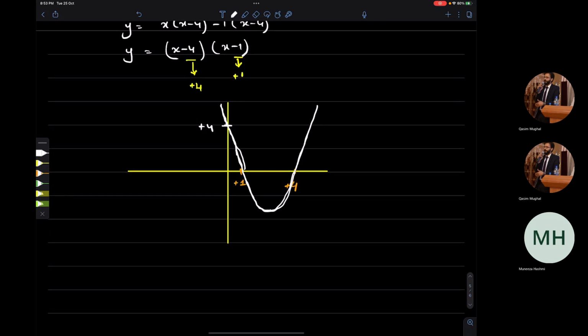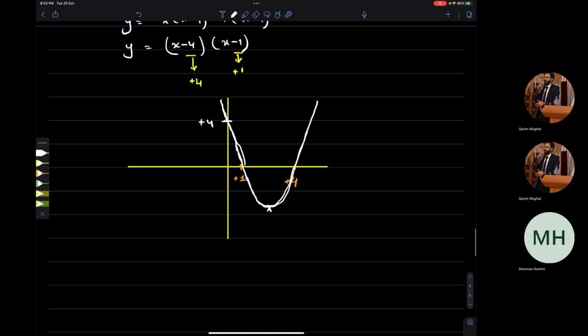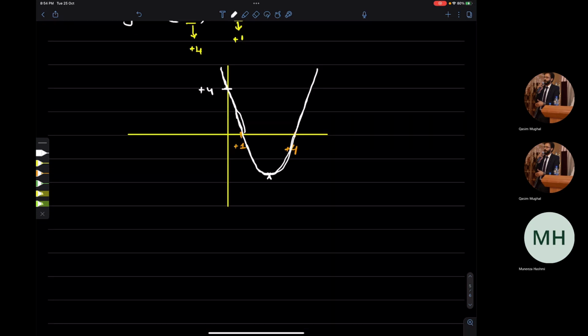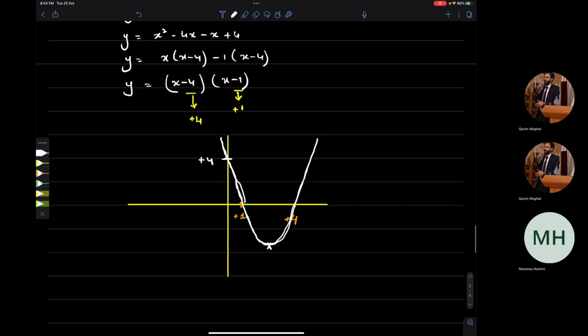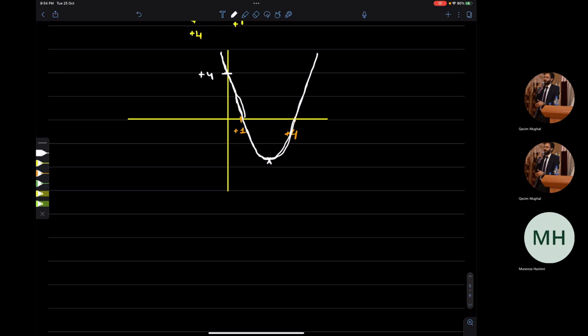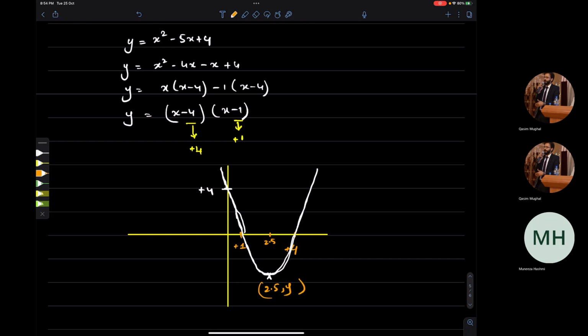Now the turning point for this one is going to be, just simply look for the midpoint of it, or you can rearrange the equation into the completing square format, whatever method you feel is good for you. So if I do it by finding the midpoint, that's going to be 2.5, isn't it? 1 plus 4 is 5, and then divided by 2, that's going to give us 2.5. So the x coordinate is 2.5, and in order to calculate y, I'm going to put 2.5 into this equation.